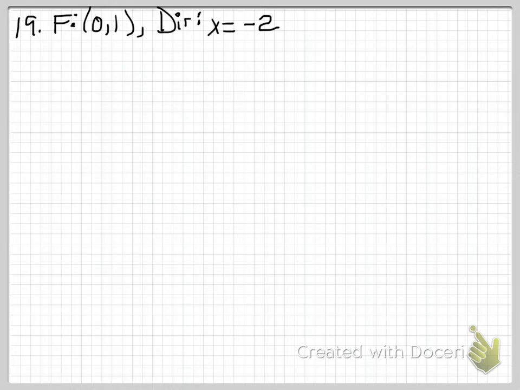Remember, all we have here is the focus and the Directrix. We don't have the vertex. We don't have any point on the graph. So, the only thing we know for sure is that any point on that graph is going to be the equal distance to the focus as it is to the Directrix.